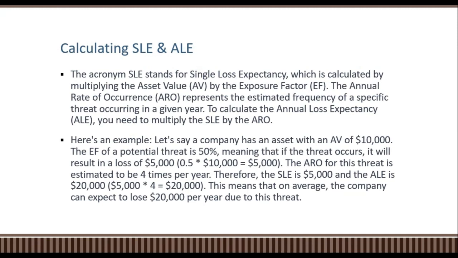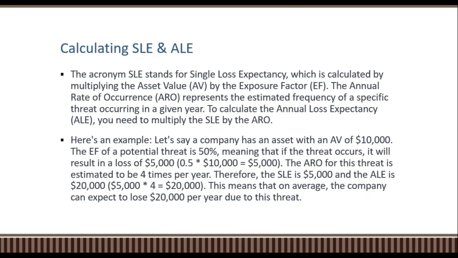Okay? Here's an example. Let's say a company has an asset with an AV of $10,000. So the asset value is $10,000. The EF of a potential threat, right? So the exposure of a potential threat is 50%.